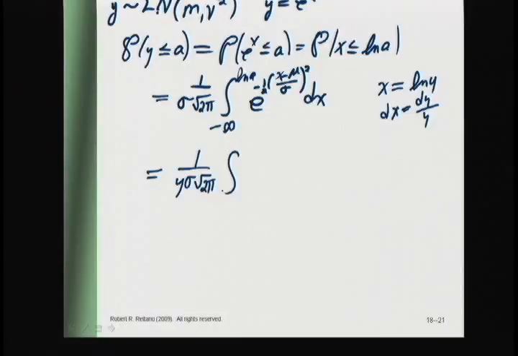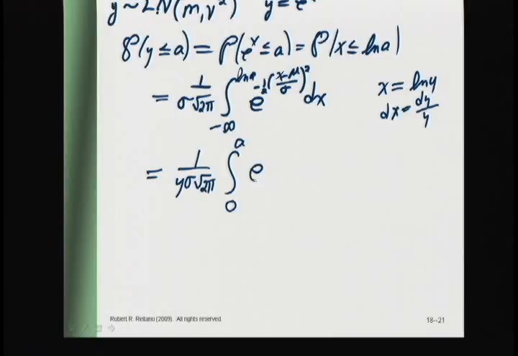Now in this substitution, x is the log of y. When x is equal to minus infinity, what's y? Well, y becomes 0. So I have to think about my limits of integration. And when x is the log of a, y is a. So the limits of integration become 0 to a.